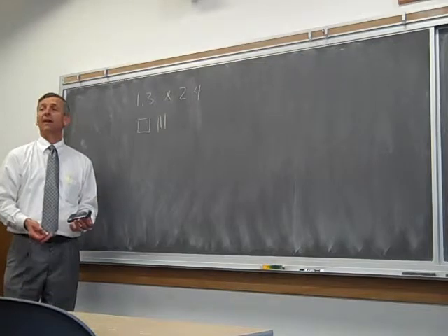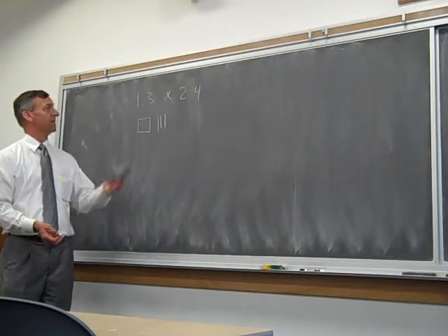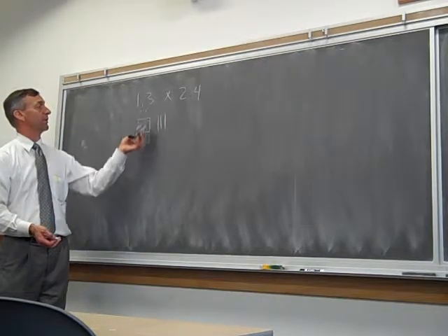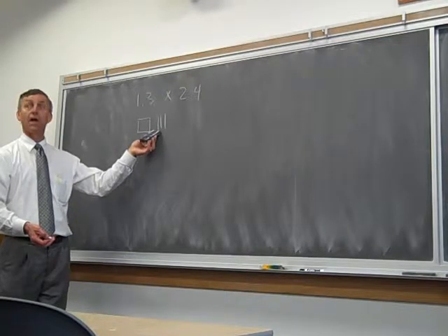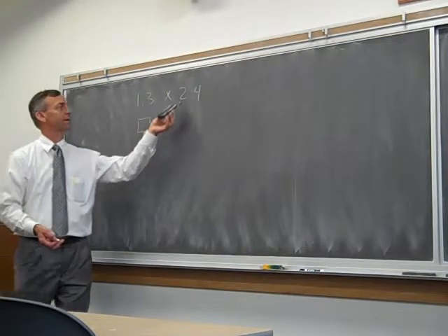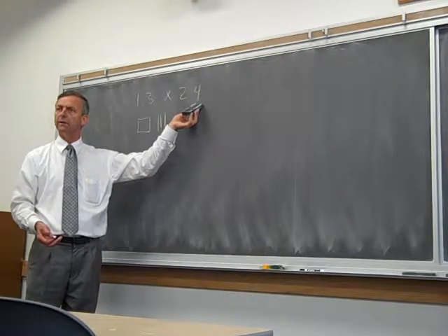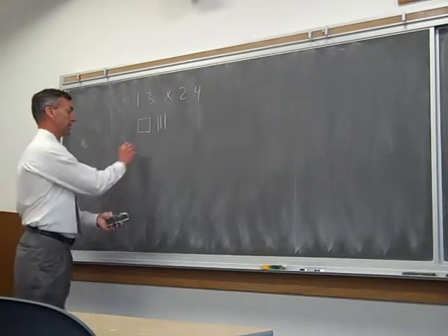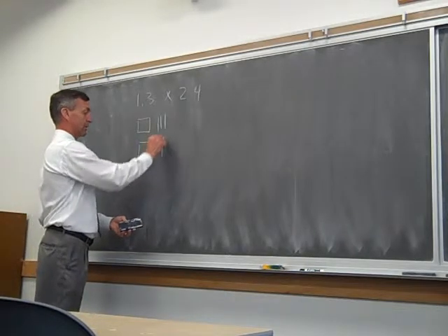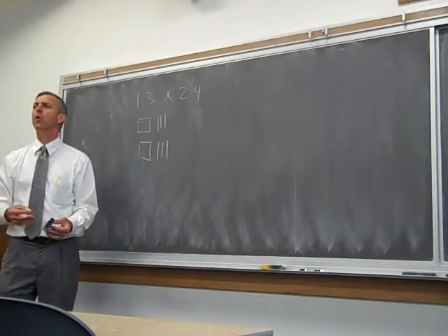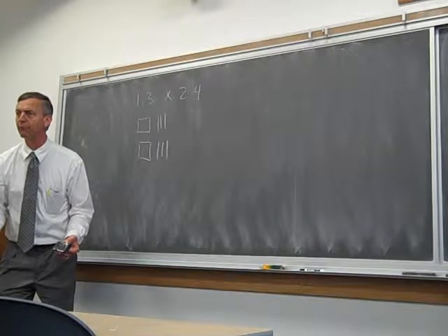Well, if you do the repeated addition model, I'm going to take 1.3, here it is, and I'm going to make 2.4 piles of that. Well, there's 2, right? Now how do I make 0.4 of those piles?